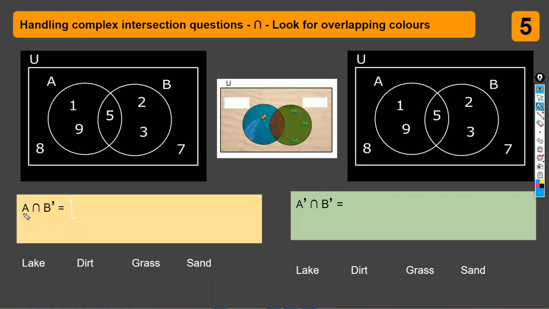So for the first one, for A, I'm going to shade the whole A circle in what? Blue, right? Now, when I shade the whole A circle, I don't care about anything else. It's the whole A circle because they never said A only, just A. Great.